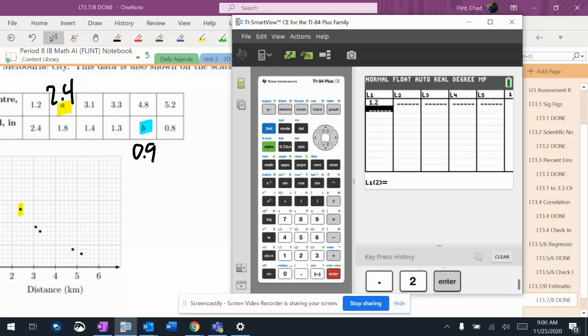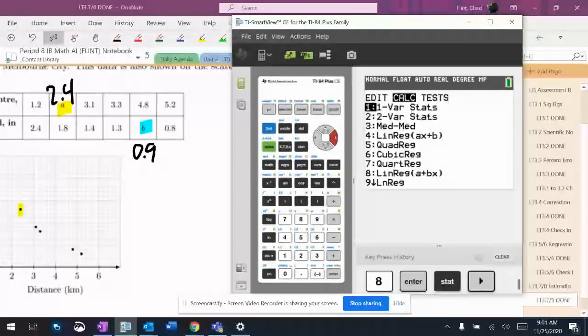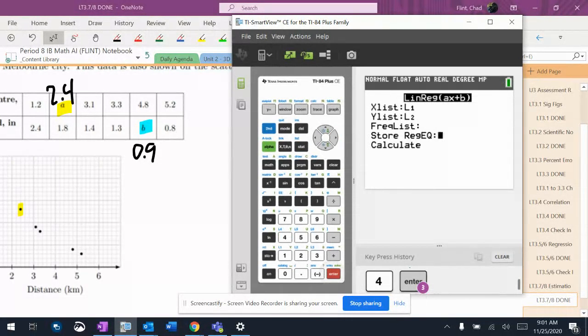So 1.2, 2.4, 3.1, 3.3, 4.8, 5.2, and then 2.4, 1.8, 1.4, 1.3, 0.9, and 0.8. Okay, so there's that. So then stat, calculate, number 4. All right, so I don't need the correlation coefficient this time. It's there, and I can see that it's pretty strong.